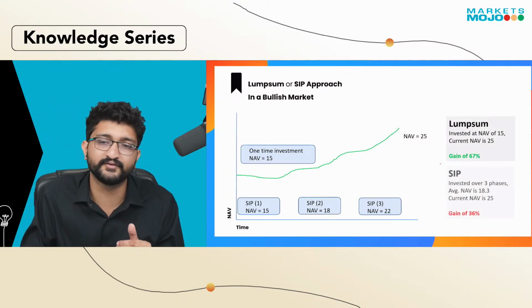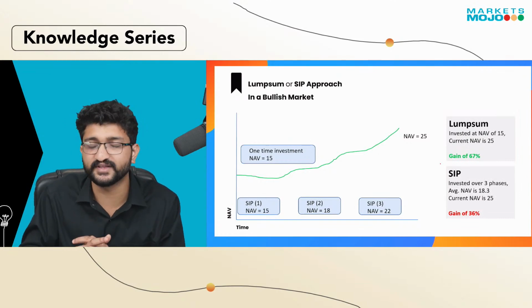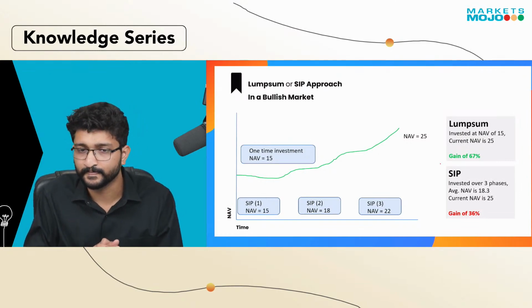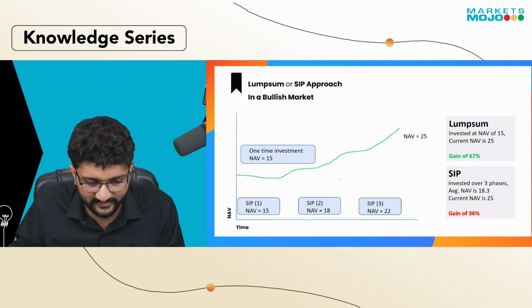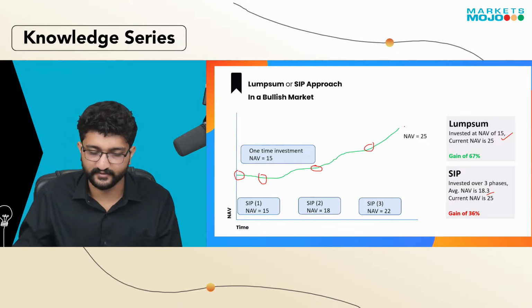Here the lump sum will have a higher gain of 67% versus an SIP approach which has a gain of 36%. Mostly because whenever you're looking at an SIP approach, here if you see you invested at 15 NAV, 18 NAV, 22, so your average becomes higher at 18.3 versus simply going one shot at 15 and then holding it, because all your money is over here at a lower price and you're exiting at a higher price of 25.